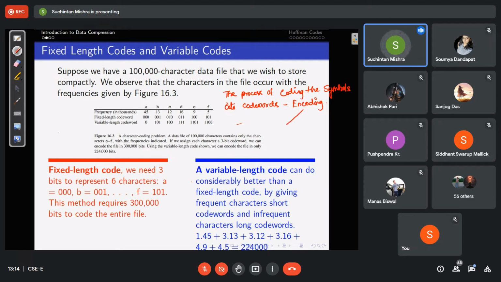Okay, and encoding can be of two types. In your network security and your network design classes, you will study more about encoding: Manchester encoding, NRZ encoding, all those encodings. But for now, you need to understand there are two types of codes: fixed length codes and variable length codes.